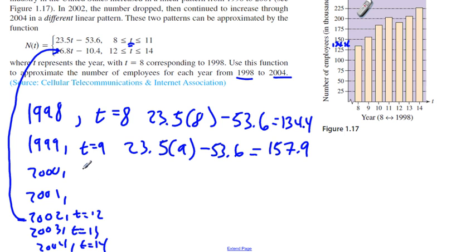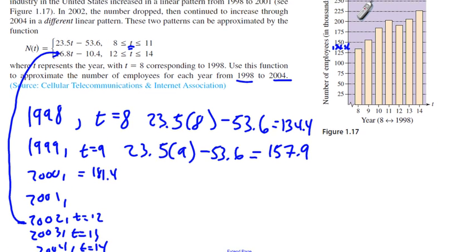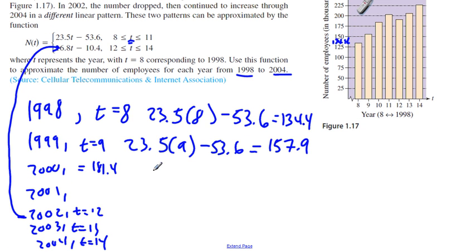So I'm going to go ahead and give you the values at each year. In 2000, it was 181.4. And again, that's in thousands, I think that's what this says. Yeah, in thousands. In 2001, it was 204.9 thousand. And by the way, this is real life data.